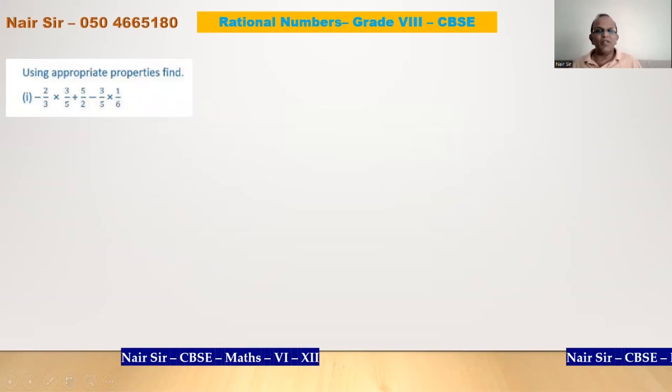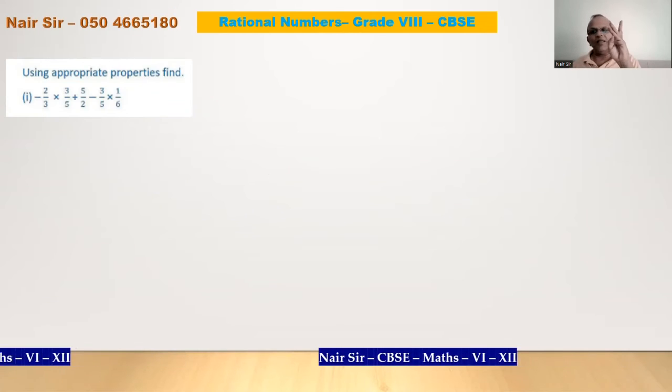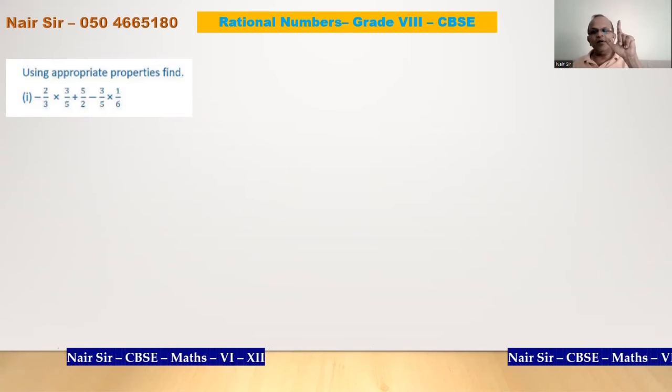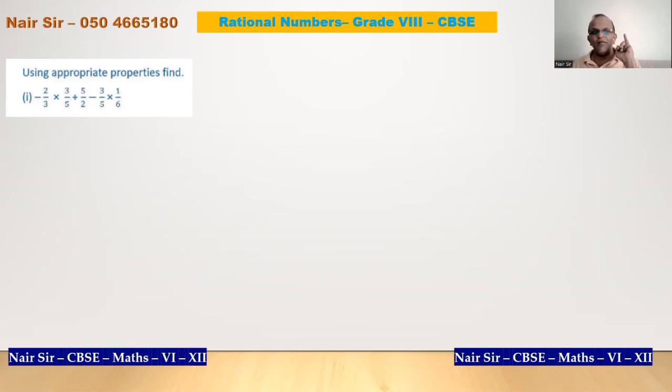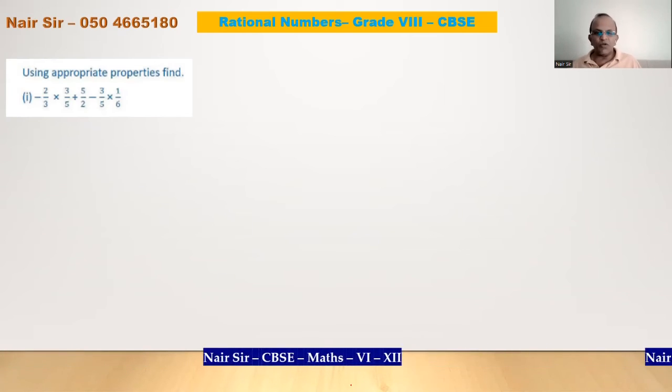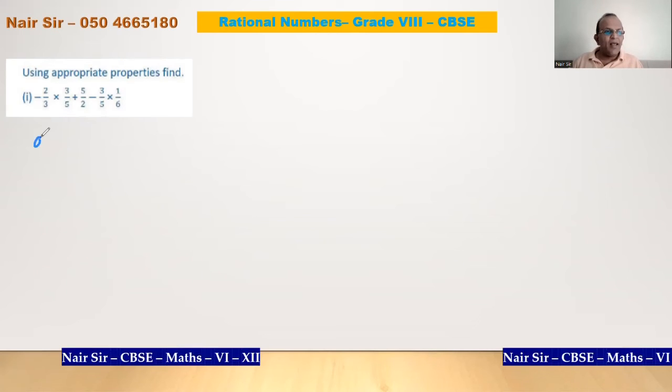Properties. What are the properties that you'll learn? Closure, commutative, associative, distributive, identity, and inverse. 6 properties you have learned. Now, if you look at this question, let me write A into B plus C minus A, sorry, B by 5, B into D. Sir, I've got the answer now.